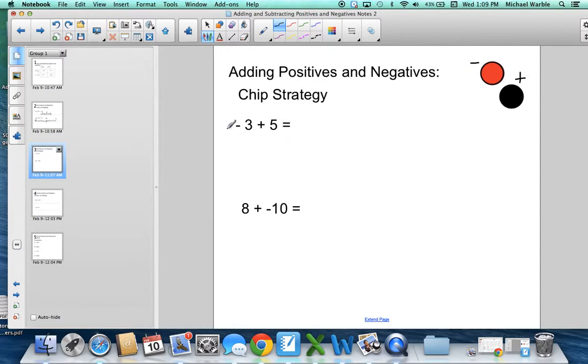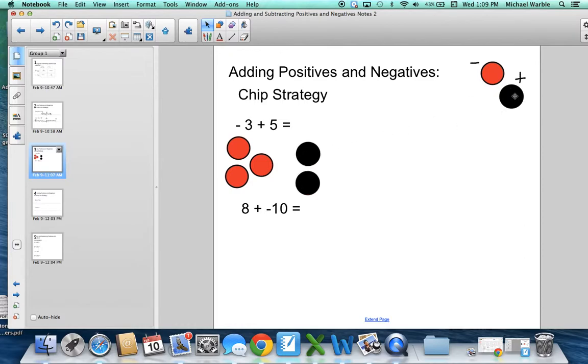So if I use negative 3 plus 5, I know I'm going to take my pointer and I'm going to take 3 chips because I've got a negative value and that's red. And I'm going to use 5 black chips. And there's my negative 3 plus 5 in a visual model.